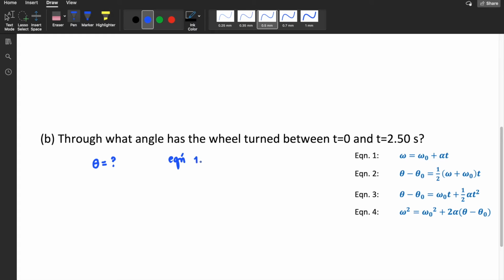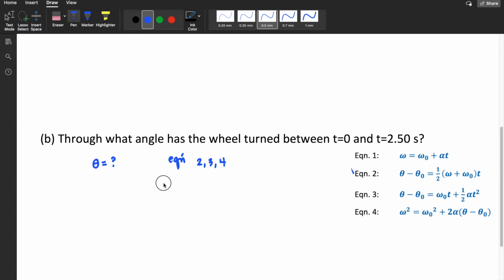Equation 1 has no theta variable, so it can't be used. The easiest to use is equation 2, but either of the three works.